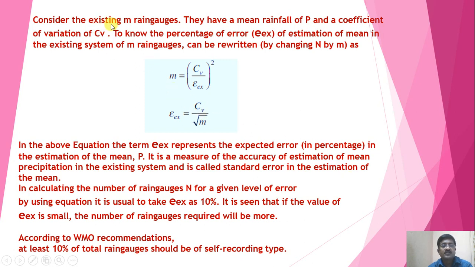Now consider the existing M rain gauges. They have a mean rainfall of P bar and a coefficient of variation CV.